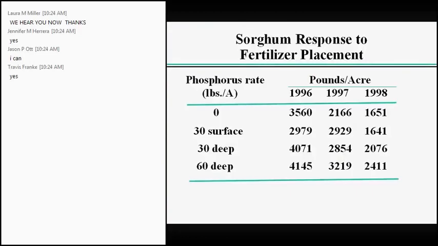Next slide. This gives you an idea of what placement does for us. This is pounds per acre of sorghum, where we've got phosphorus applied. We put no phosphorus out. We surface applied it, did not incorporate, put 30 pounds per acre 6 inches down, and we put 60 pounds 6 inches down. So what happens?